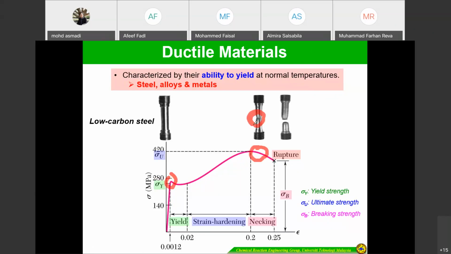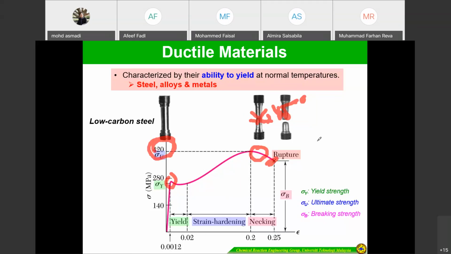So the degree of the necking, look here, I think is 45 degrees. If you look here, this is the ultimate strength. After this point, it starts breaking.